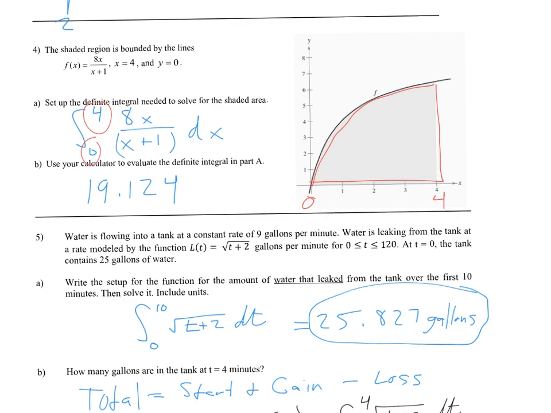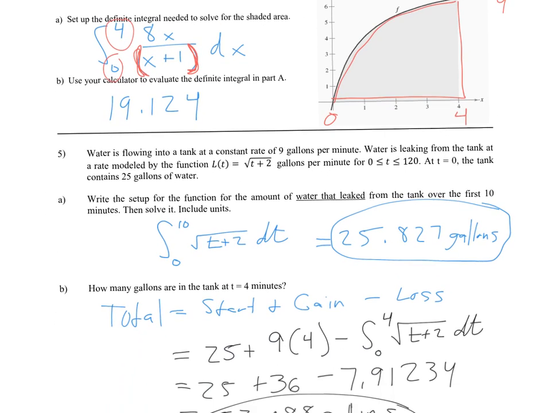If you got this wrong, you might have neglected to include x plus 1 in parentheses, because if you didn't use parentheses, it's going to read that as 8x over x, plus 1, which is really 8 plus 1, which is really 9. So you might have gotten 36 gallons. If you got 36 as your answer, then you probably just didn't type this into your calculator right. The answer should have been 19.124.